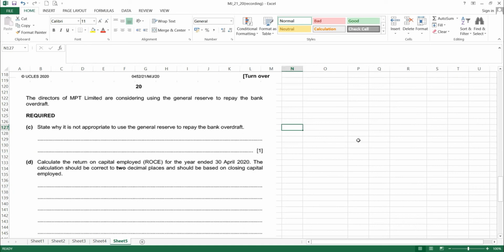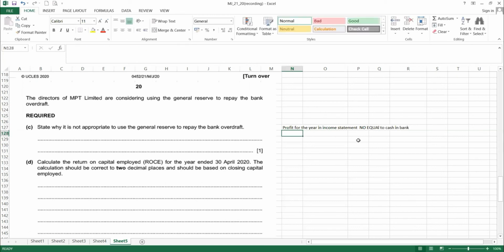Sometimes the profit for the year in the income statement is not equal to cash in bank. Why?